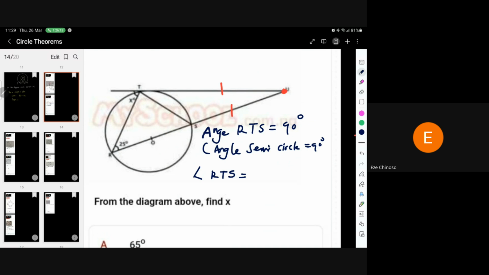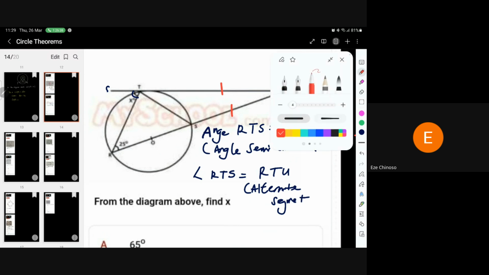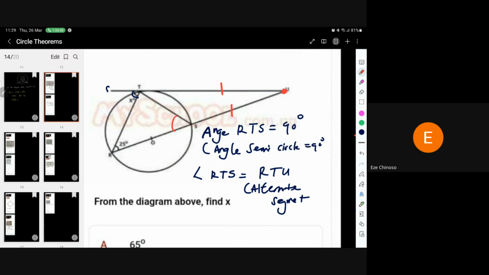This very angle here, let's call it X actually, is equal to angle arrow T. I don't know the total of that line there, let's call it U. What's this one now? Alternate segment theorem. Which means we are safe to say that here is X. And we're also safe to say that this place is 90.